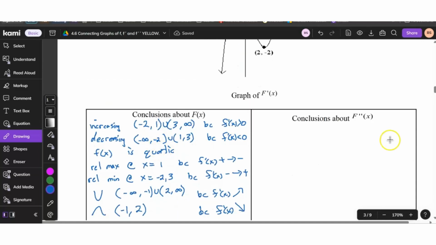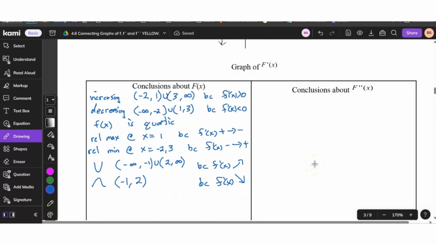All right. Let's make some conclusions then. How about f double prime? Probably the easiest is let's start with this concave up and down, because if we know the original is concave up and down, we can actually do that real easy, right? Because that means that the second derivative, if it's concave up, is what? Greater than 0. Now, let's not use this as our reasoning. Let's use f prime.